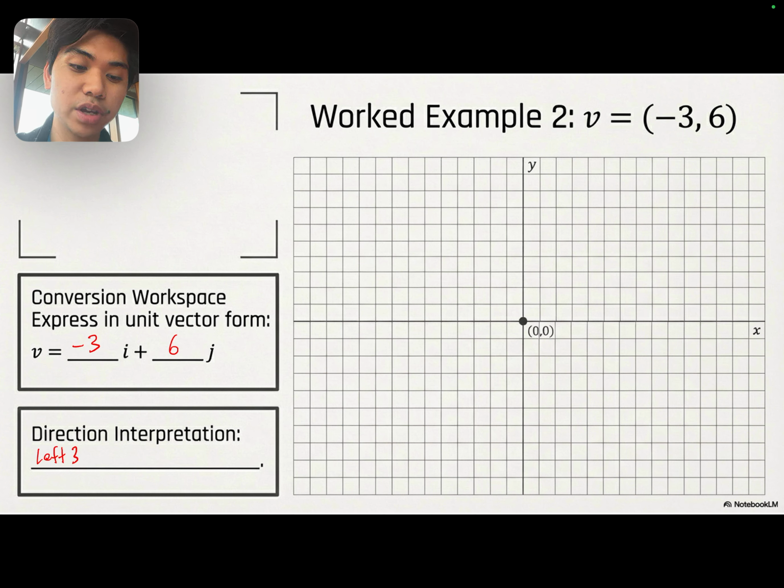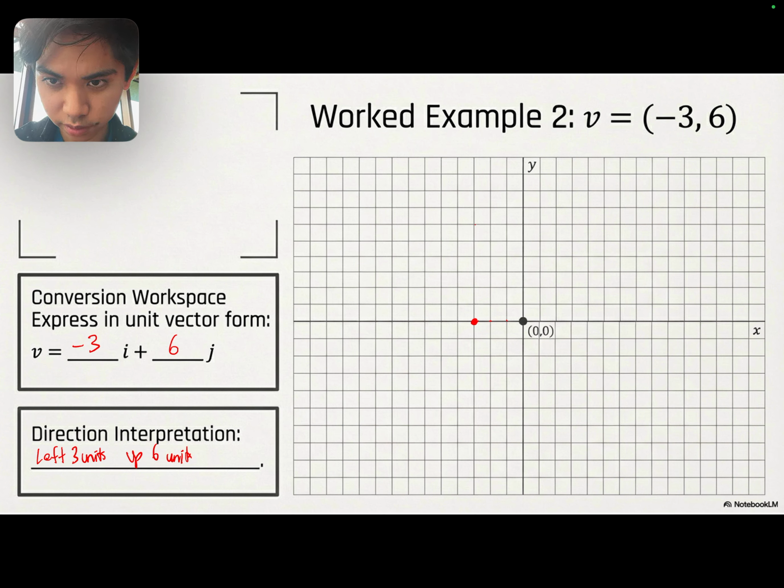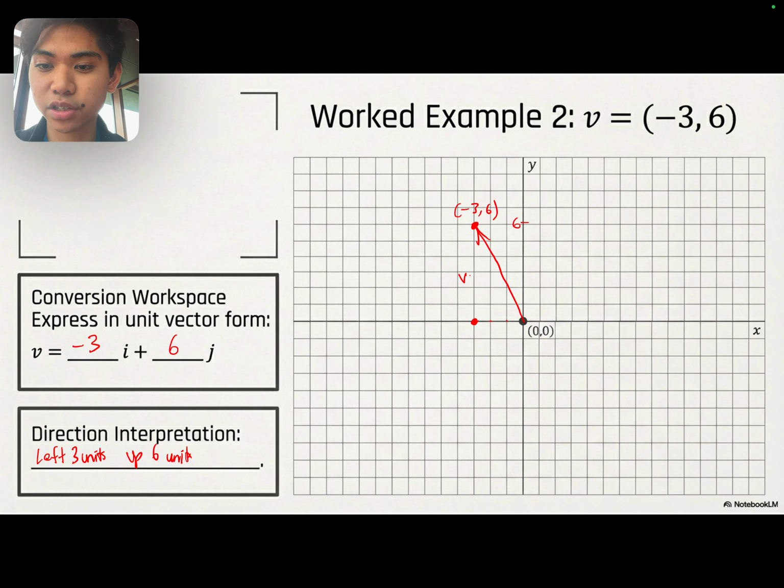So left 3 units, 1, 2, 3, and then up 6 units, 1, 2, 3, 4, 5, 6 here. So this is my vector pointing to that final dot, negative 3 comma 6, and this is my vector negative 3i plus 6j.